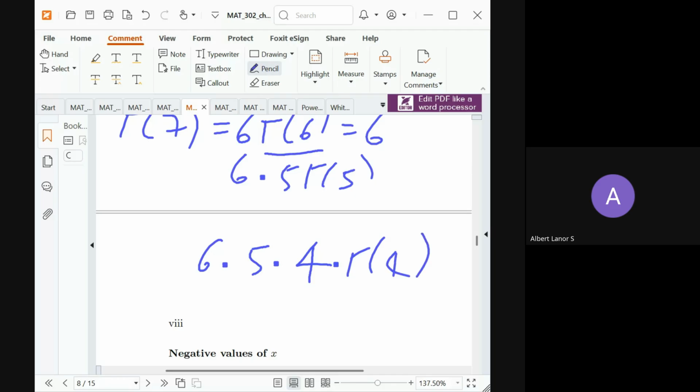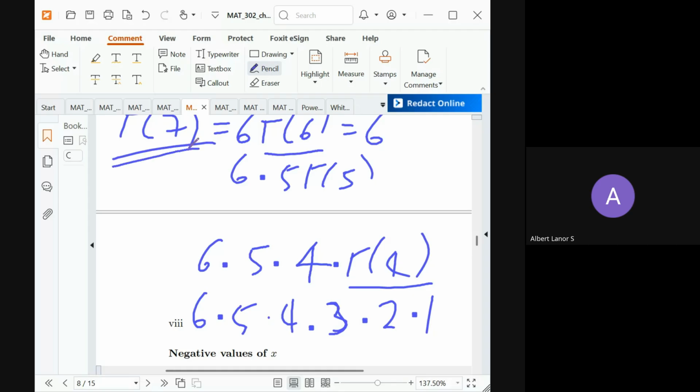So I'm going to do it this way: 6 times 5 times 4. Now gamma of 4 will be 3 times gamma of 3, and gamma of 2 will be 2 times gamma of 1. And we know that gamma of 1 is 1. So I see that gamma of 7 is 6 factorial.